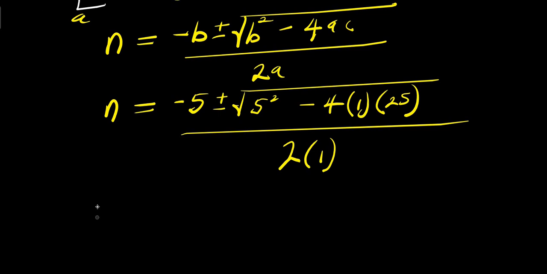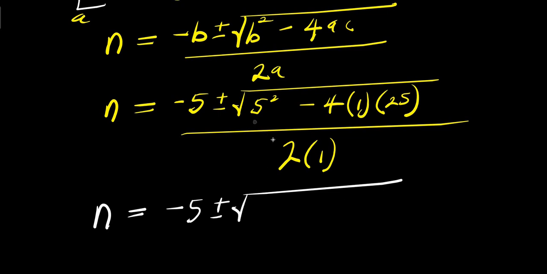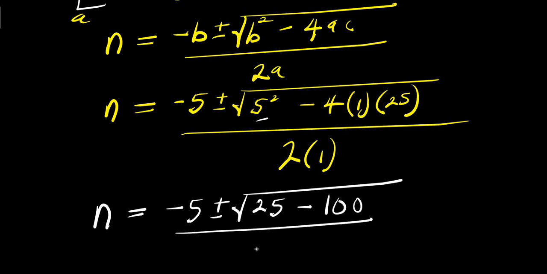So from here, n equals negative 5 plus or minus square root of 25 minus 100, divided by 2.